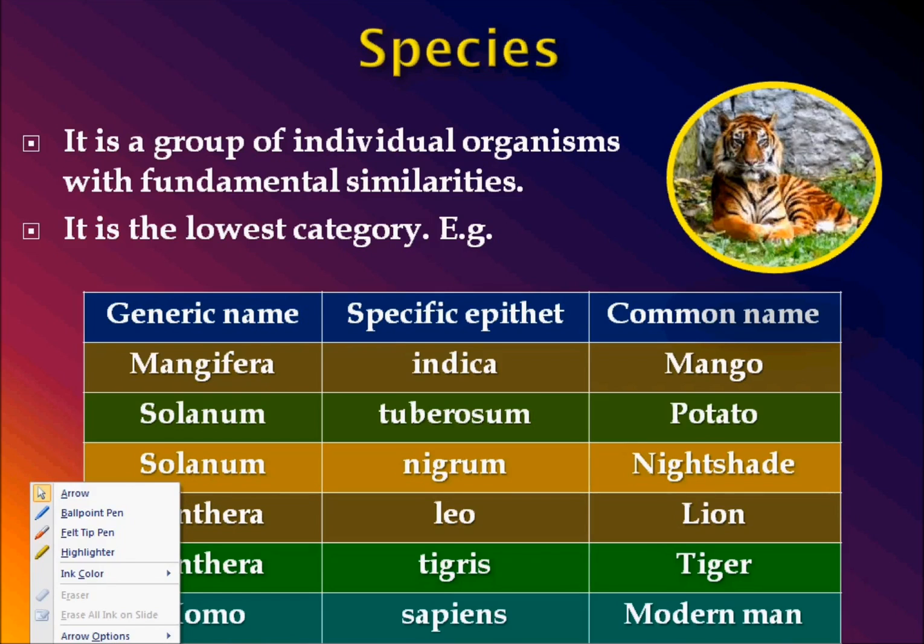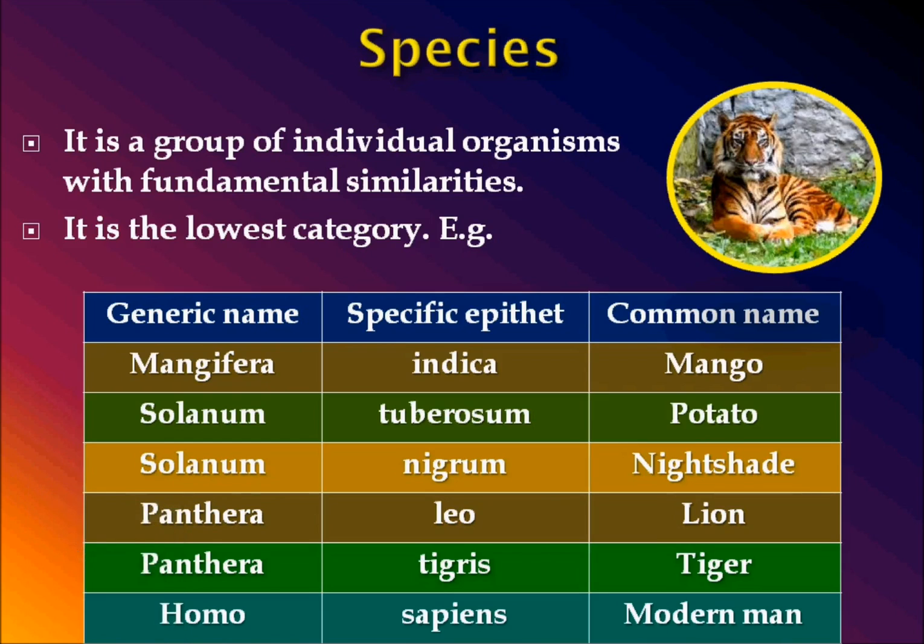Species is the fundamental unit of classification. As I already told you, it is a group of organisms which have related characteristics. These organisms are closely related to each other structurally as well as functionally, and they share a common gene pool, meaning they are very similar to each other.